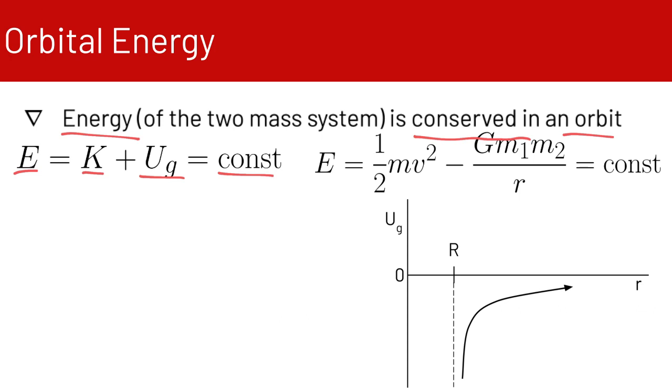To expand this equation, total energy is equal to 1/2 m v squared minus G m1 times m2 over r, and again that's constant. Our gravitational potential energy is negative G times m1 times m2 over r, and that's always negative, which is why we have this negative symbol here, which is why we have the subtraction in our total energy equation.